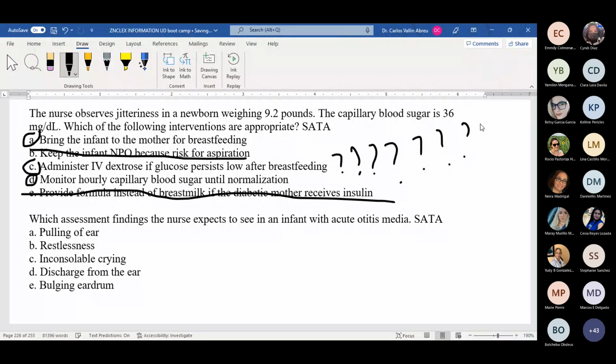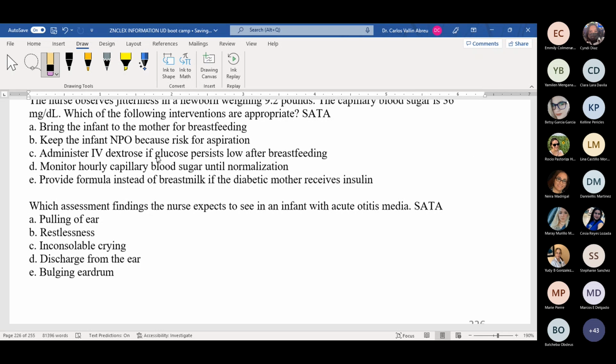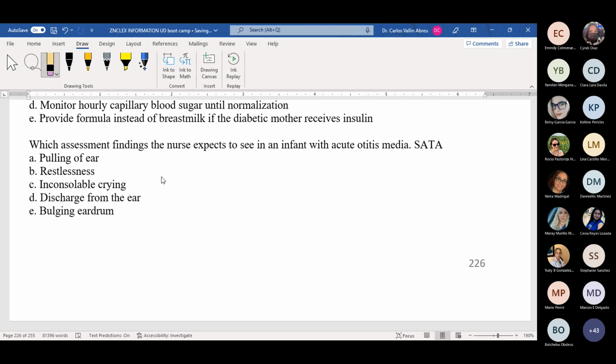I'm just commenting that this is going to be a very common feeling during your NCLEX, and it doesn't mean that you're going to fail. You need to decide, submit, and move to the next question and fight in the next question, as all the questions have been already answered. This is what we discussed and agreed while you were disconnected.